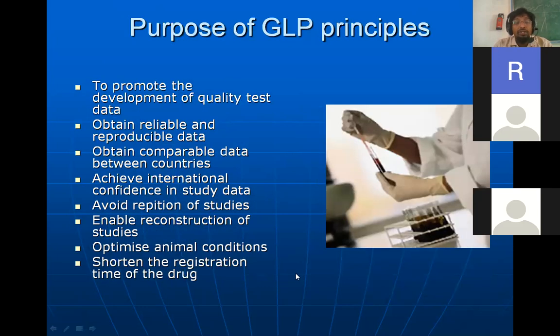The purposes of the GLP principles are: to promote the development of quality test data, to obtain reliable and reproducible data, to obtain comparable data between the countries, to achieve international confidence in the study data, to avoid repetitions of studies, to enable reconstruction of studies, and to optimize the animal conditions and shorten the registration time of the drug.